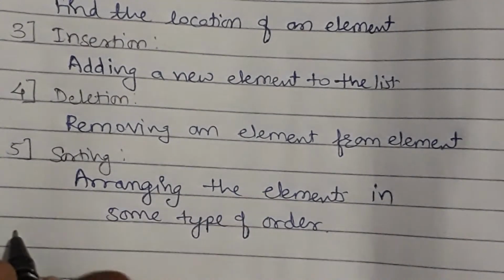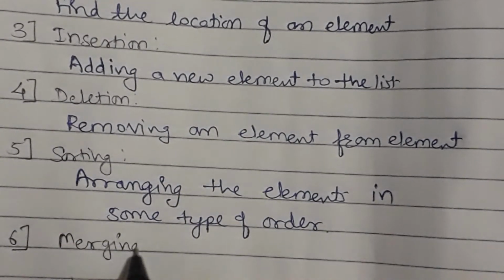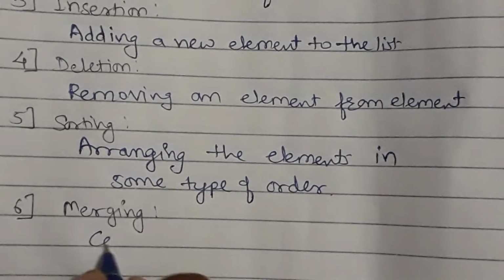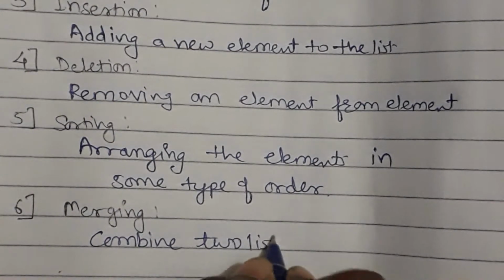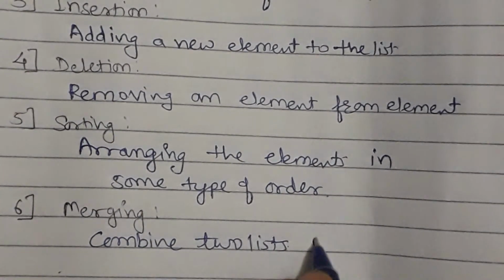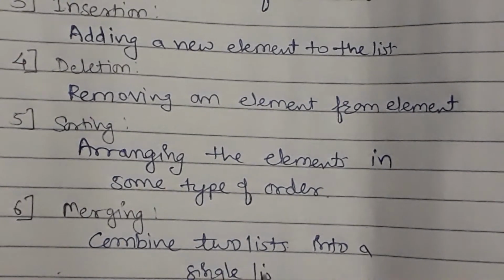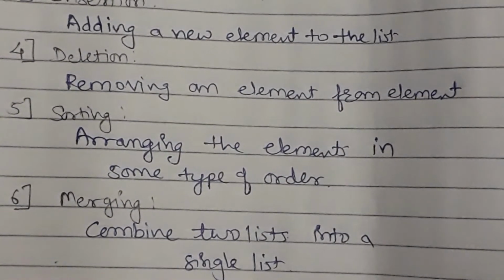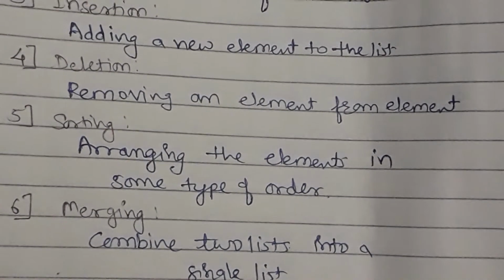This is the fifth operation. The next operation that we can perform on a data structure is merging. Merging means we have to combine two lists into a single list. In this way, we have seen these six different operations that we can perform on a linear data structure.